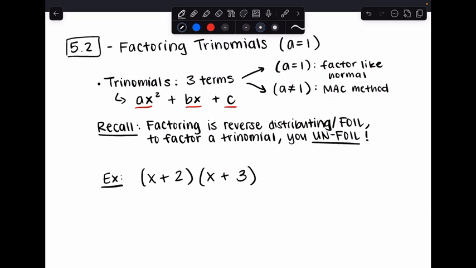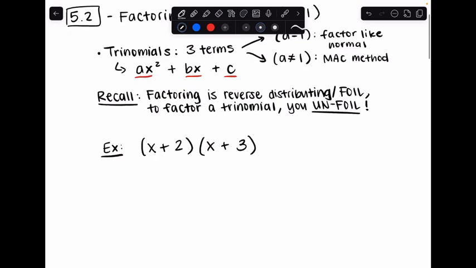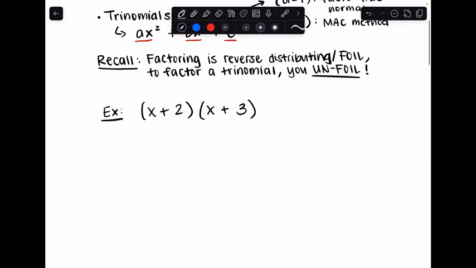Okay, so to recall, factoring is just reverse distributing or reverse FOIL. So to factor a trinomial, you're going to unfoil it, or do the reverse distributive property. Given this first example, we have x plus 2 times x plus 3. I'm going to FOIL this out just to show you what I mean by unfoiling it.